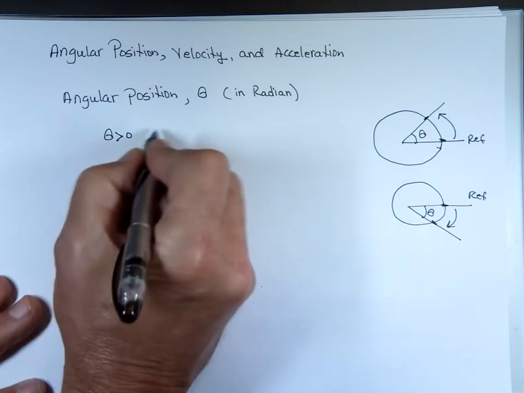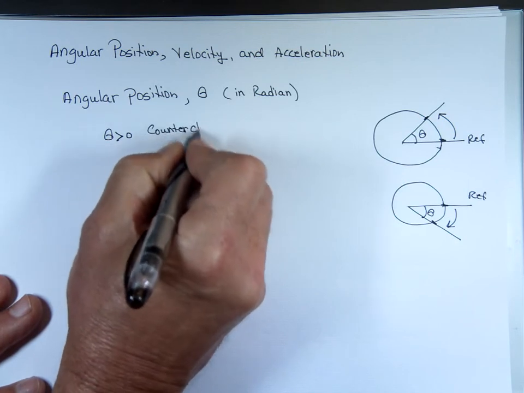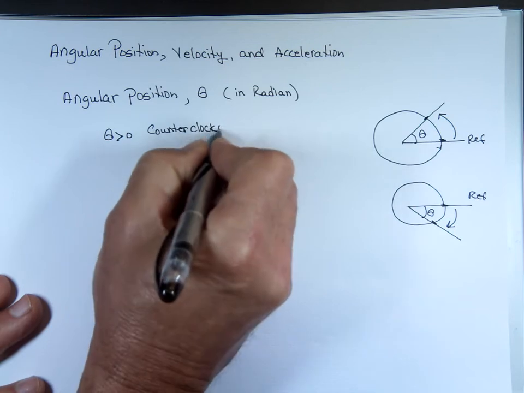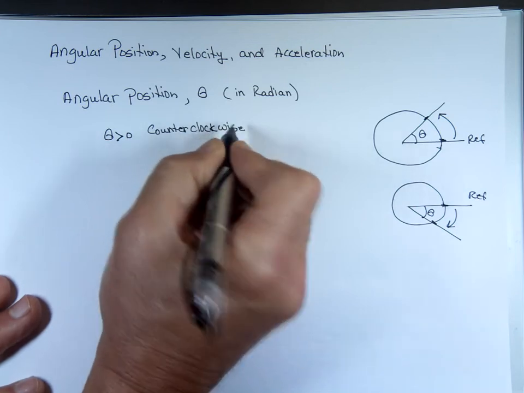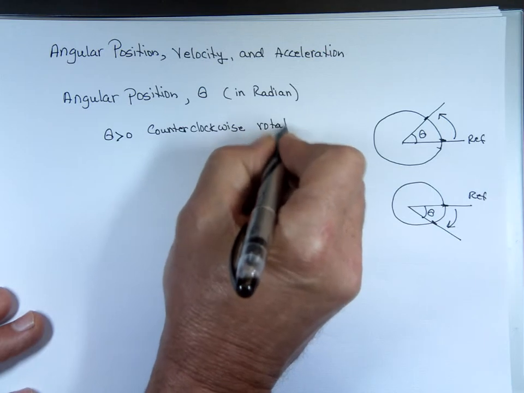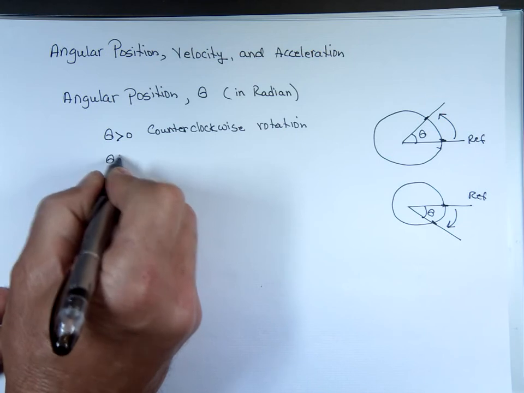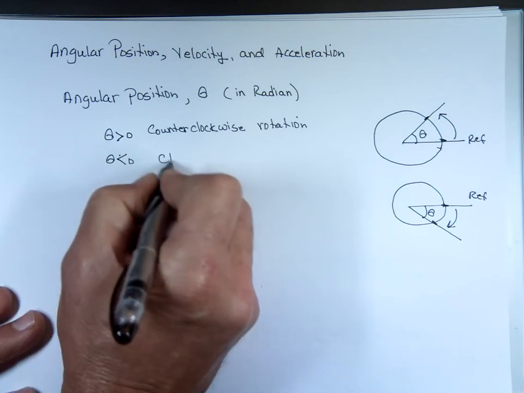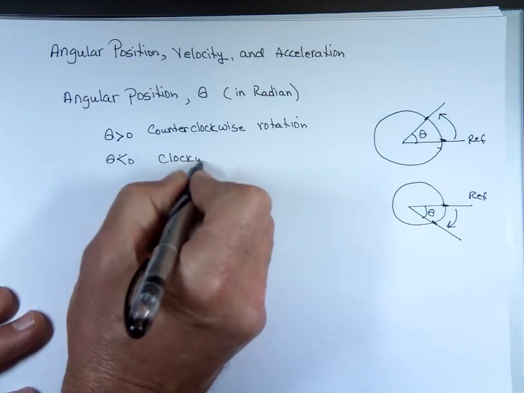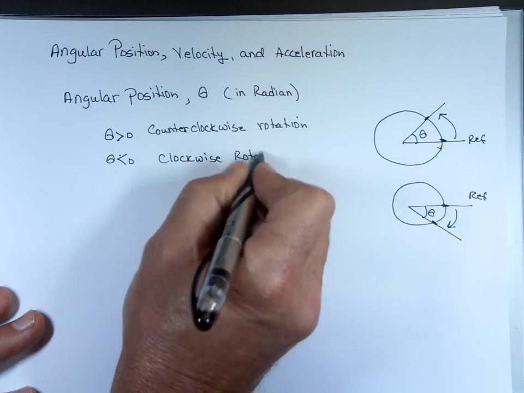Counterclockwise. Counterclockwise rotation. We use negative values when it's clockwise rotation. At least that's how our book did it.